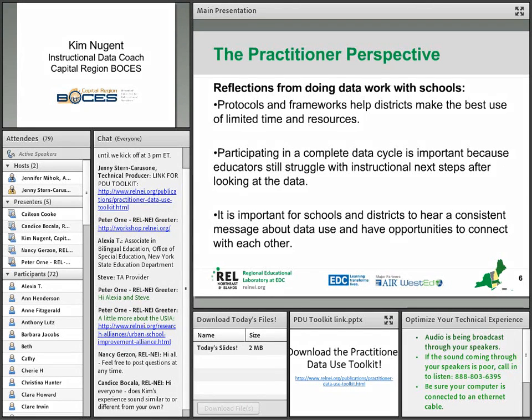So we become a pretty good team because I can help with the data analysis piece, but then I can hand that over to my math coach or my ELA coach, who can then really work on those next steps and those strategies and trying to bring the groups back together to talk about what's working and what's not working. So the coaching becomes a pretty important piece of the data cycle.